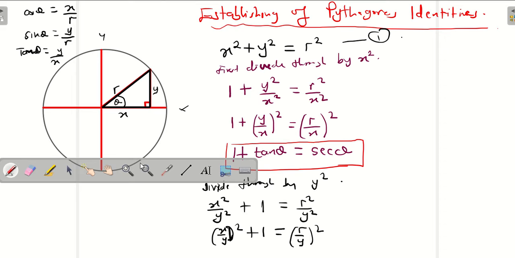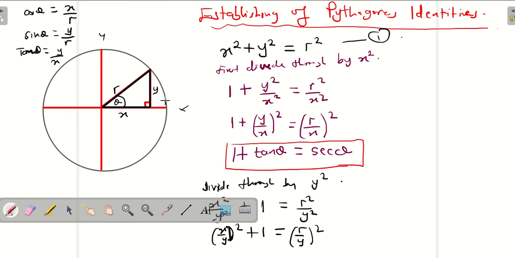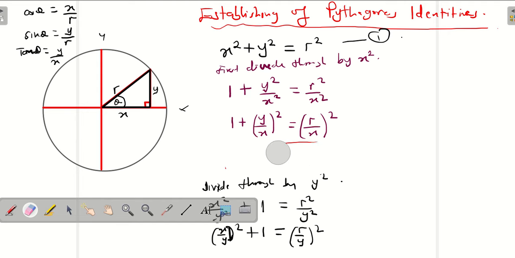But before that, let me correct something. Remember that here, there was a mistake. y over x is tan theta, but it is squared, so it was supposed to be tan squared theta. Let me correct the mistake here.